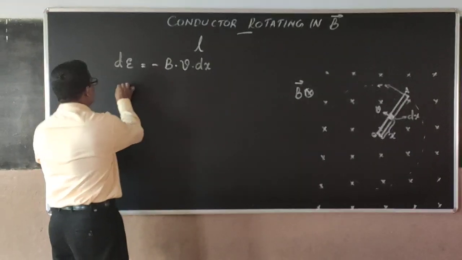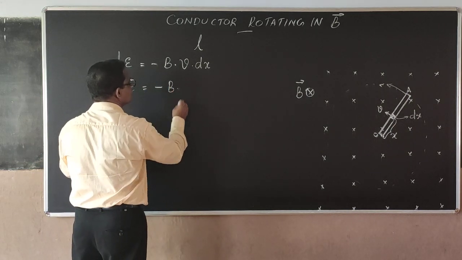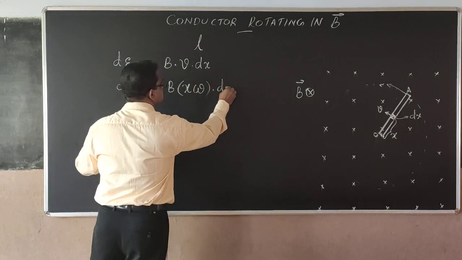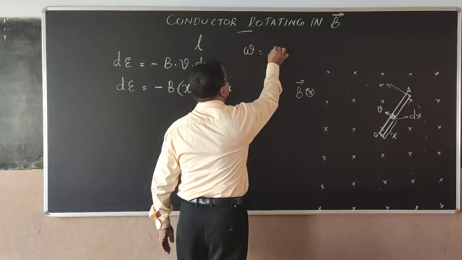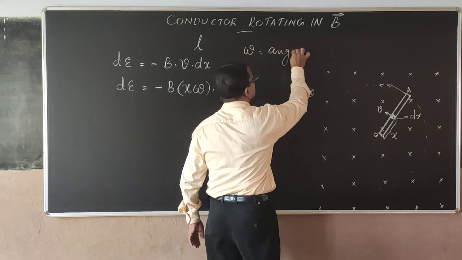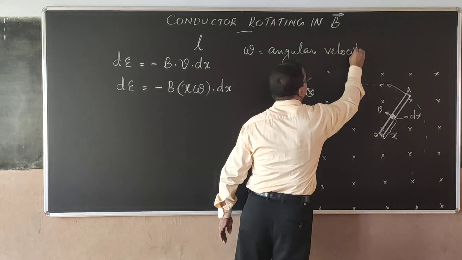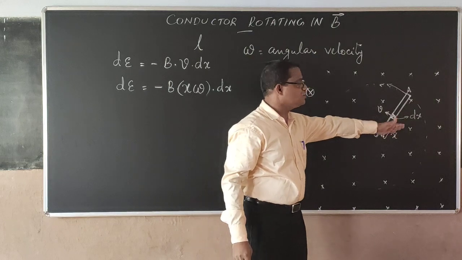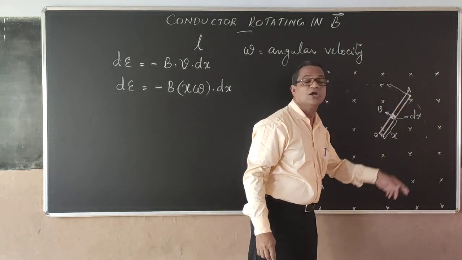So I rewrite that into another form: dE equal to minus B into x into omega into dx, where omega is the angular velocity of rotation, and that remains constant at every point along its length.